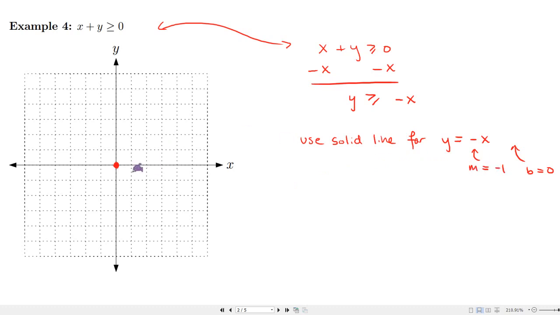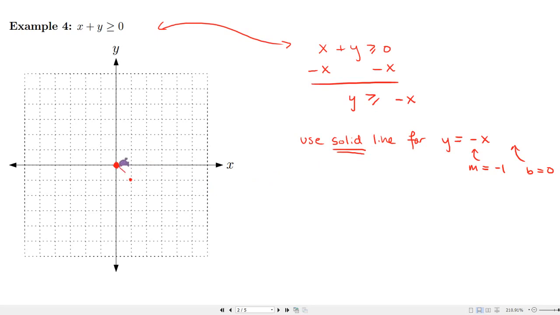Because the y value there is 0 on the y-axis, and m is negative 1. So with negative 1 slope, the rise is negative 1 and the run is 1, negative 1 over 1. So it's going to look like this. Because it is greater than or equal to, we use a solid line.